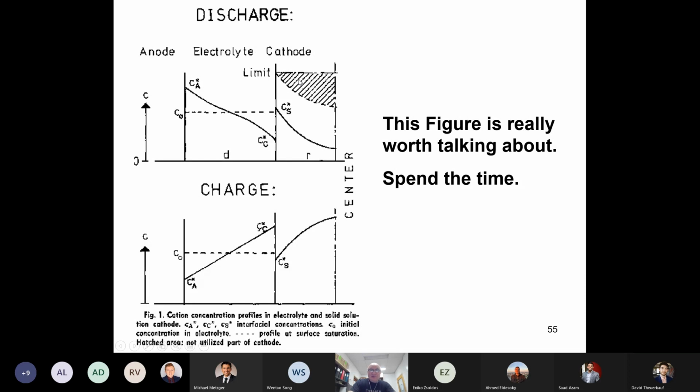And then if you leave the cell open circuit, the concentration in the material will become uniform throughout the positive electrode at a value less than the limit. If you do the discharge at a slower rate, all the gradients will become smaller than you see here.